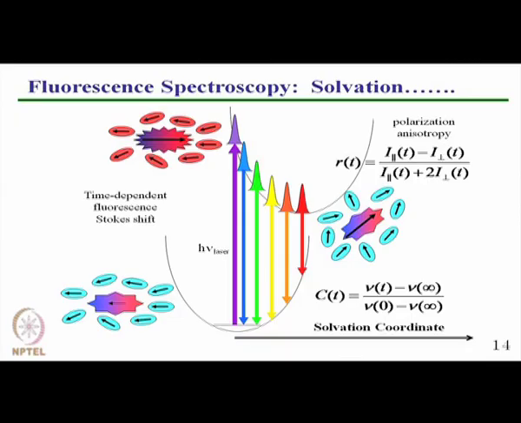From this you can get important information about the solvent properties. What are the components of solvation? Whether this is the principal mode of solvation, I mean only rotation, or is there any translation component, or maybe some other modes by which this dipole can be solvated?